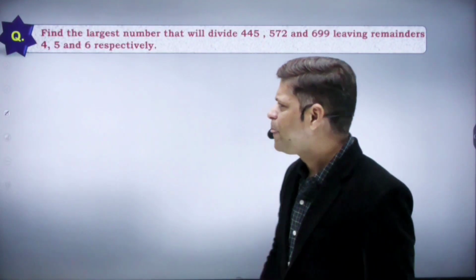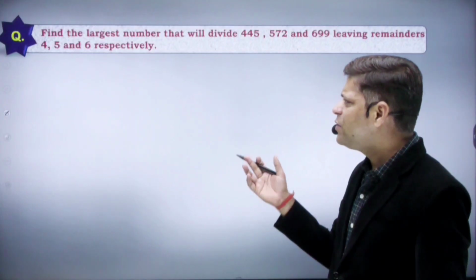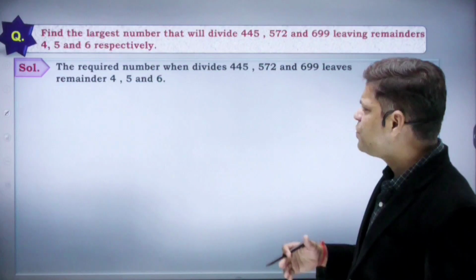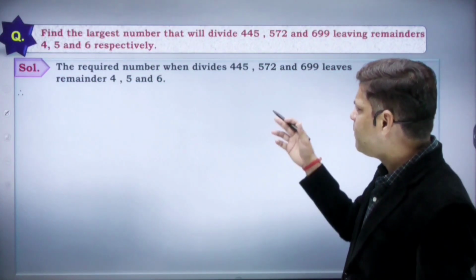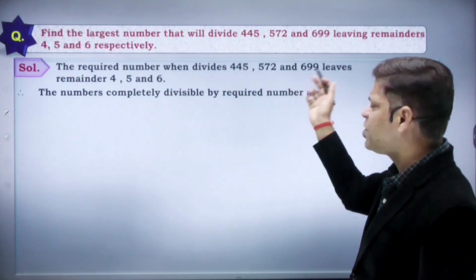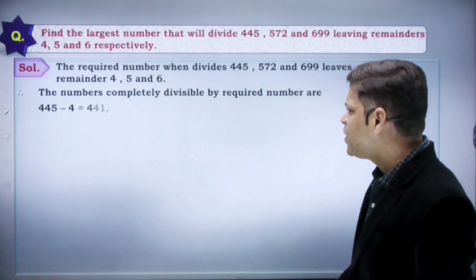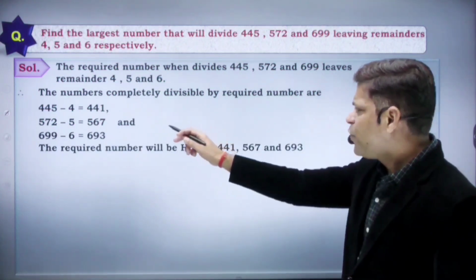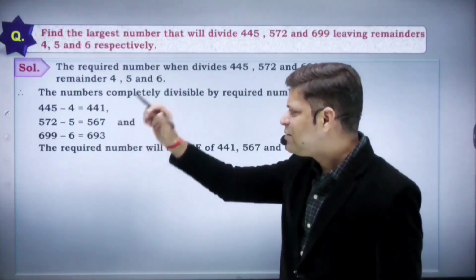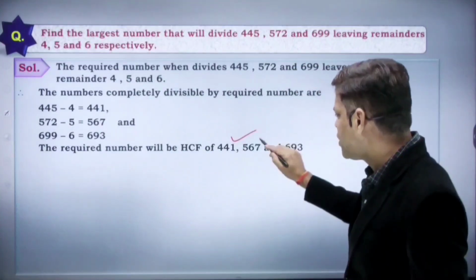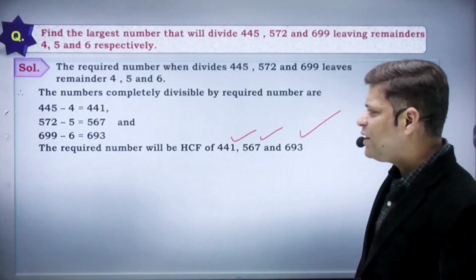Whenever the remainder is given, firstly in the solution we subtract the remainders from 445, 572 and 699. Then the numbers will be 441, 567 and 693. Now we have to find the HCF of 441, 567 and 693.